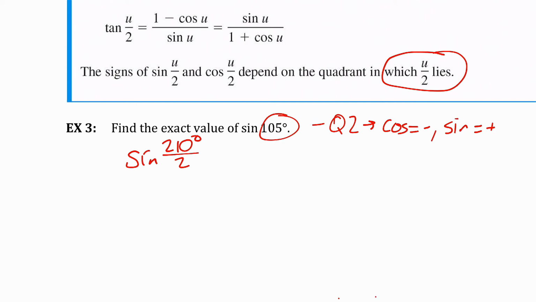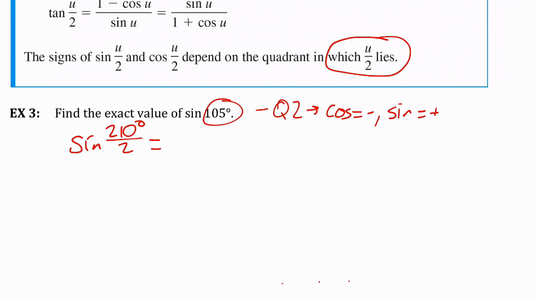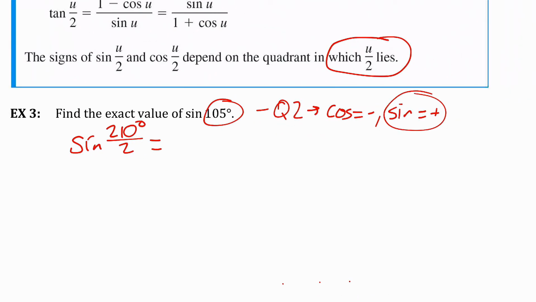So we're going to say sine of 210 over 2 is equal to, and again, since we're dealing with positive signs, we don't need to worry about the negative, so just for redundancy, I'm going to say positive square root of 1 minus the cosine of our u value. In this case, our u value is that 210.